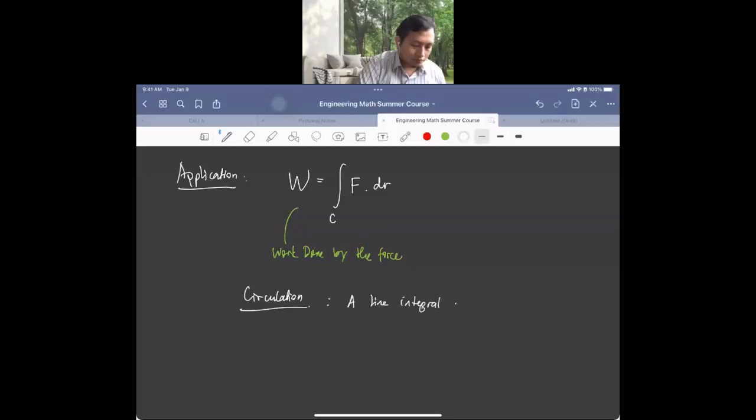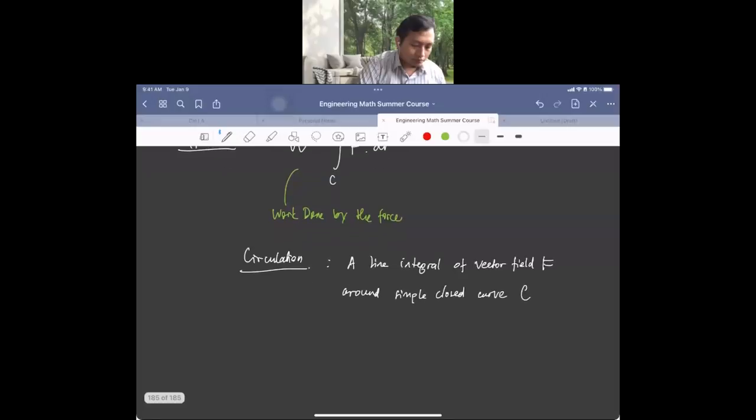A line integral of a vector field F around a simple closed curve C is a circulation. So circulation is equal to the line integral over the closed curve of F dot dr, or we can write this as F dot T ds.